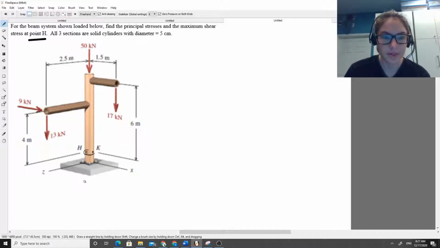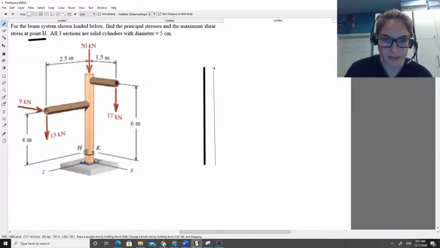In order to find the reaction forces and reaction moments, I'm going to draw a free body diagram. Luckily, I have a cool tool here that's going to assist me with that because I am a poor artist at best. So we have our cylinder system here, and we have this longer pipe coming out this way, and the shorter pipe coming out at the top.